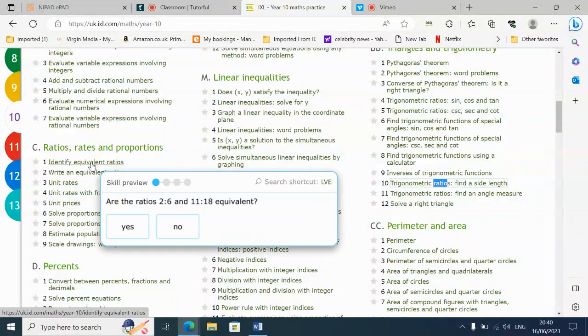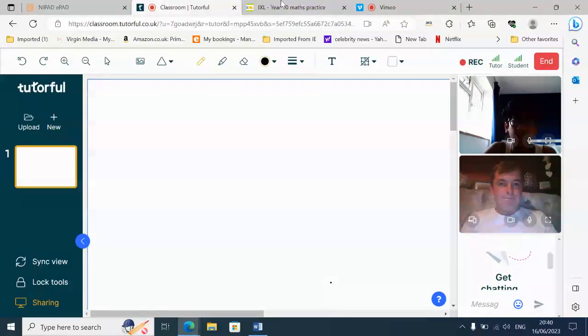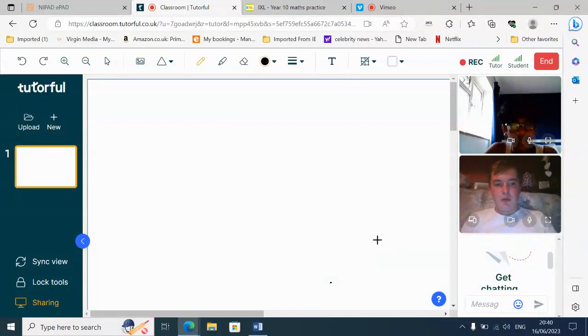Ratios, yeah. Okay, so we've got something for that. Is there anything else? No, I think that's it.